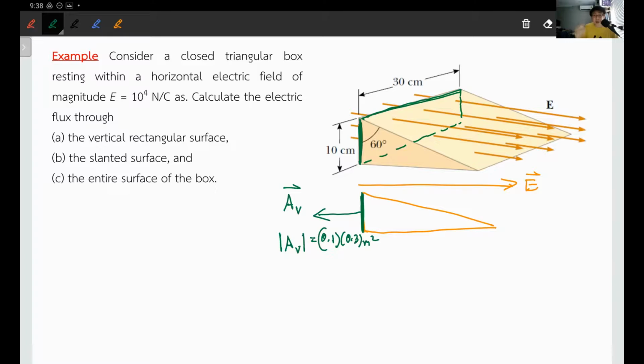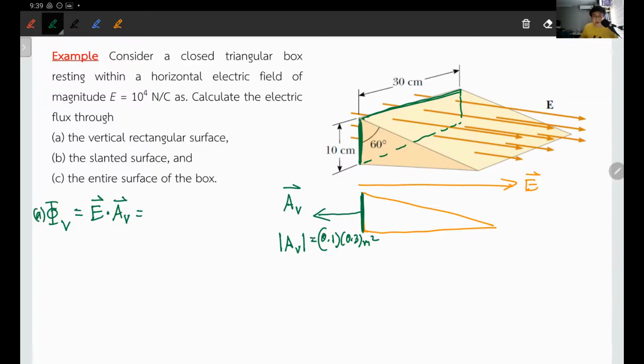Now you want the flux through this surface. Let me call the flux Phi sub V, which is E dot A sub V vector. That's how you calculate electric flux through a surface.